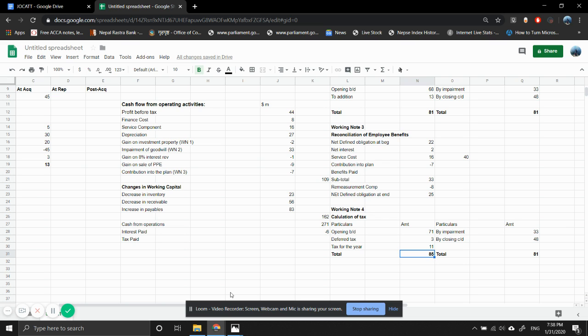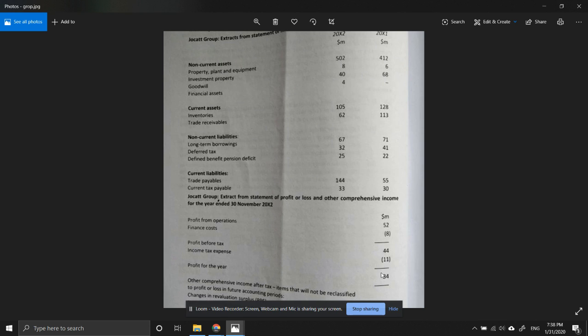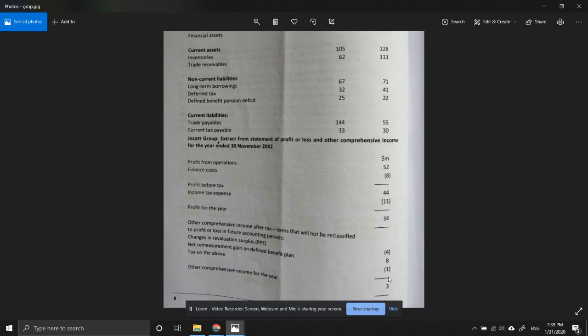There is one more tax. So it is 11 plus 1 as well, okay? Because see this figure over here, there is a tax liability on OCI as well.